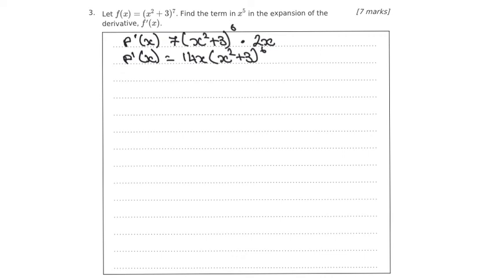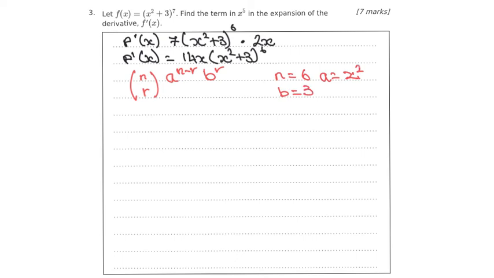Therefore, if we expand the bracket using the formula, n choose r, a to the n minus r, b to the r, we know that n equals 6. We know that a equals x squared, and we know that b is equal to 3.